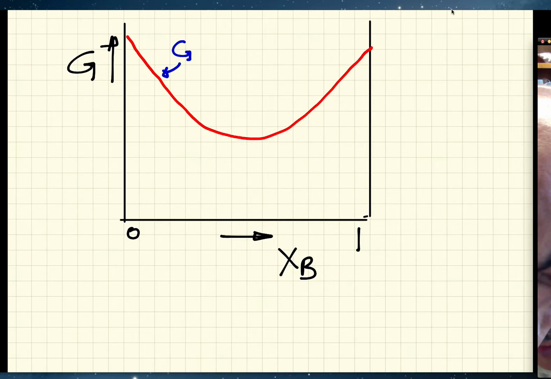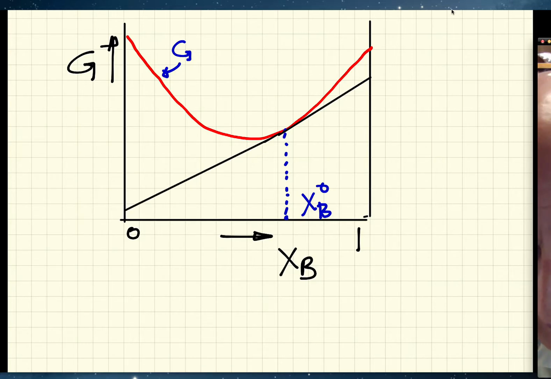I'm interested in what happens at a particular fixed concentration, x sub b 0, and I want to determine the chemical potentials. If you see the previous equations, the chemical potential is basically the slope of this line here. It plays a role in the following sense.